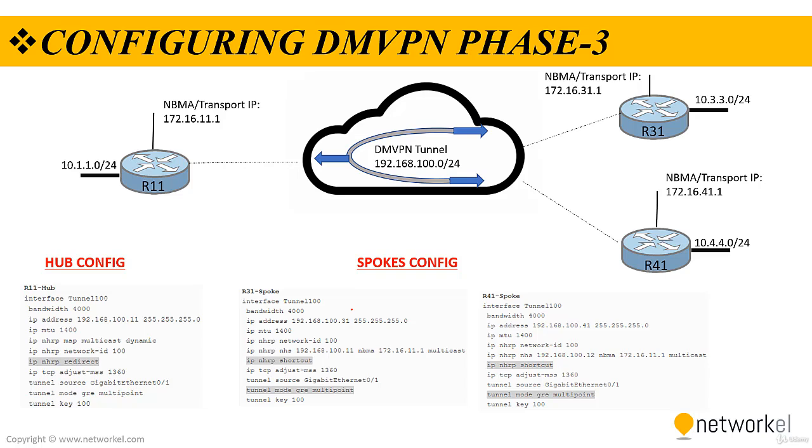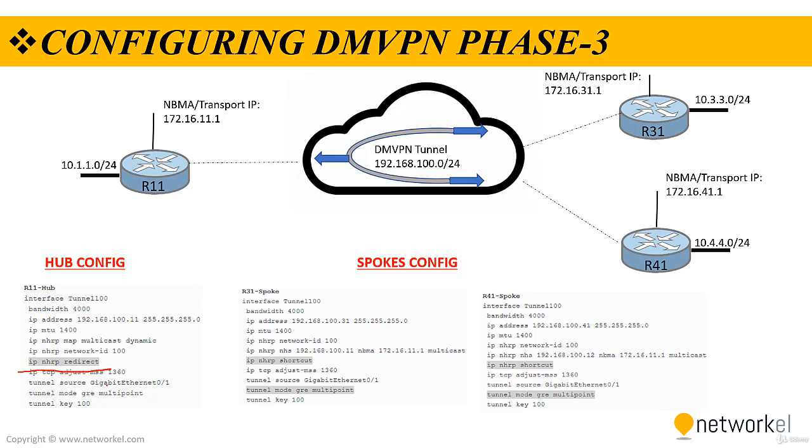The phase 3 DMVPN configuration for the hub router adds the interface parameter, the command ip nhrp redirect, as you can see in here. This command checks the flow of packets on the tunnel interface and sends a redirect message to the source spoke router when it detects packets hairpinning out of the DMVPN cloud.